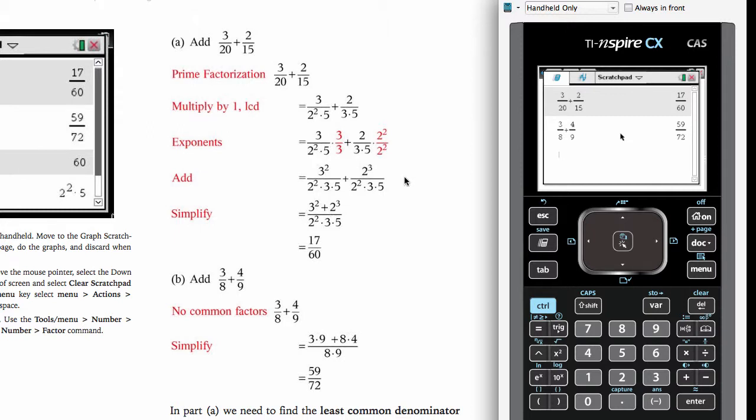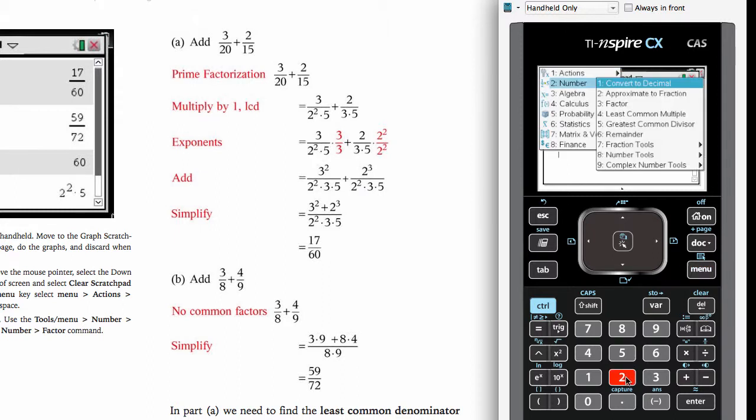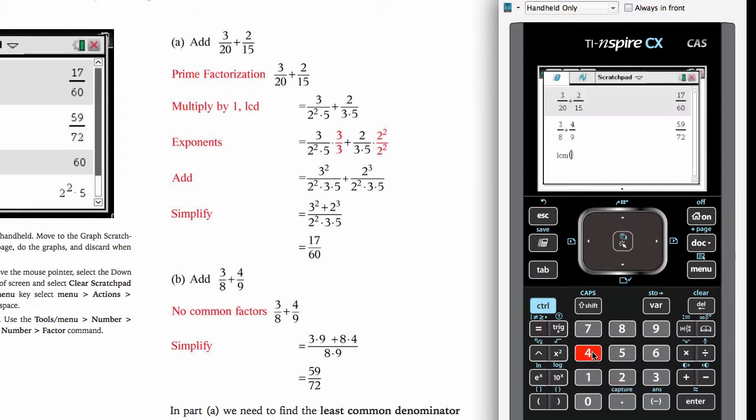We can also use it to help with our work. Go to menu, go to number, go to least common multiple, number 4, type in 20, type in a comma, 15, press enter, shows that our common denominator is 60.